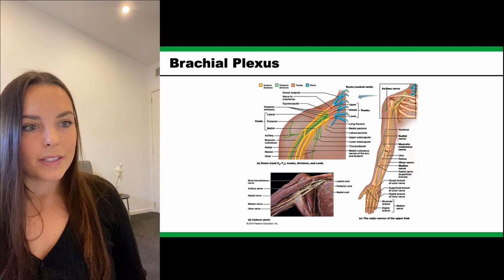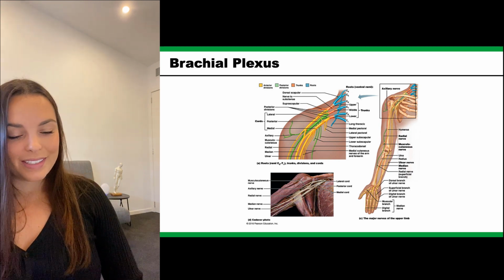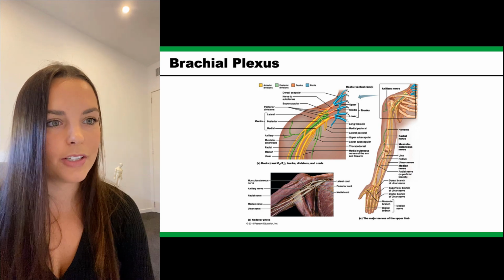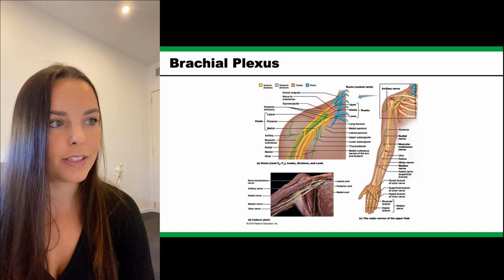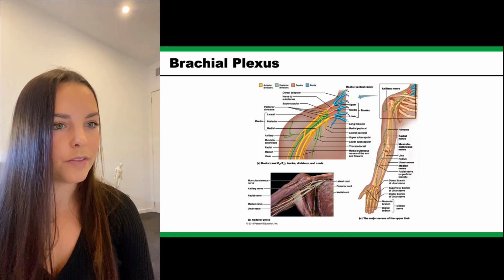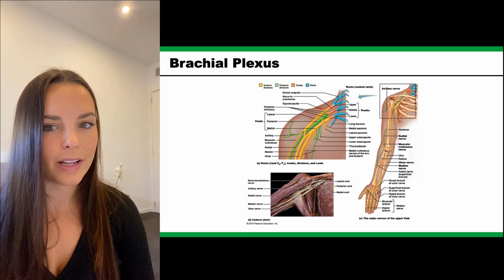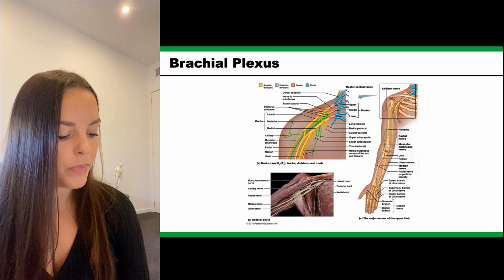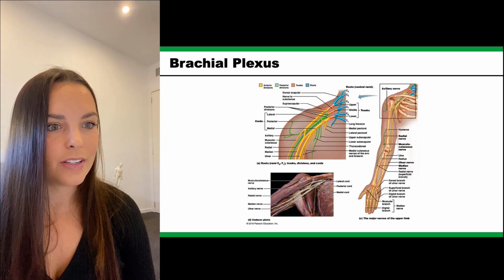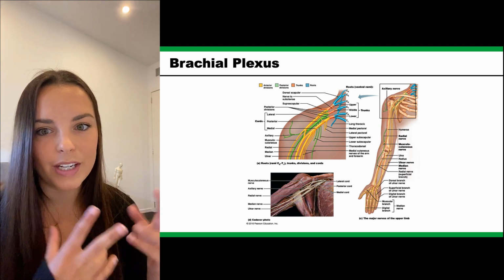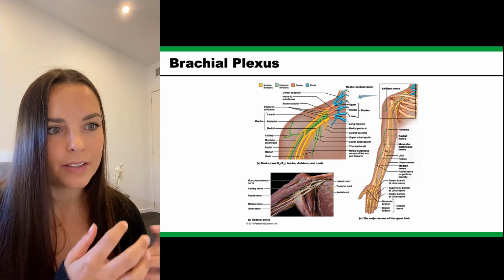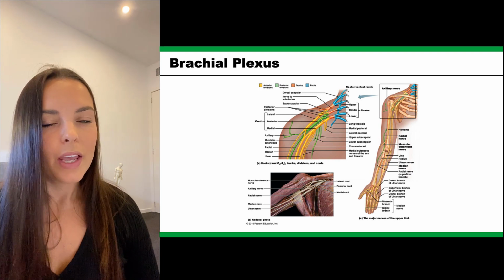Now, the brachial plexus, it's very complex. This is often an anatomy student's nightmare to learn what's going on at this brachial plexus. The good thing for us is though, the level of depth we're talking about today is quite surface level. You can see just how those nerves are sort of running together and moving around, and you sort of lose track of where's one going, what's happening there.